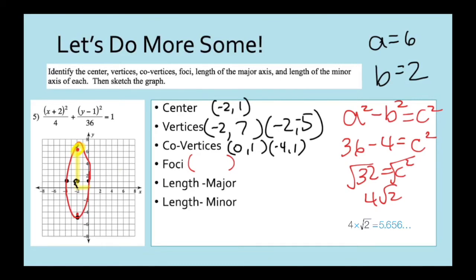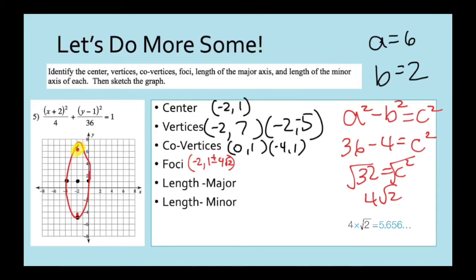And it's going to be 1 minus the 4 square root 2. So we're going to have our foci is going to be -2, comma, 1 plus or minus 4 square root 2.